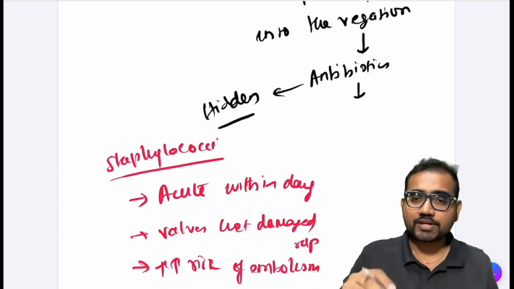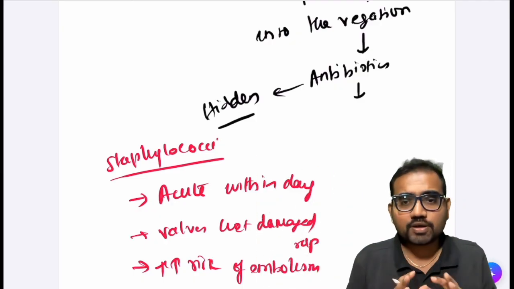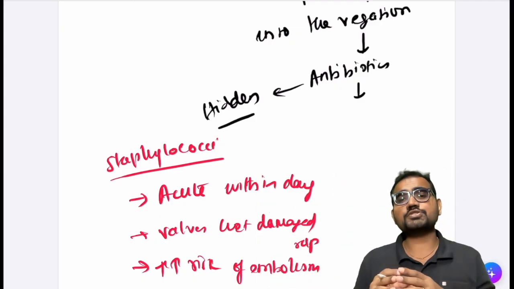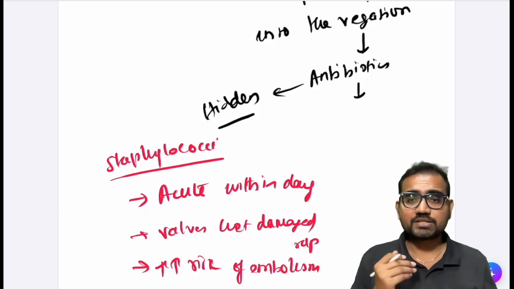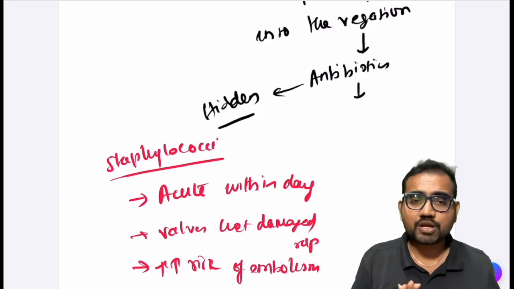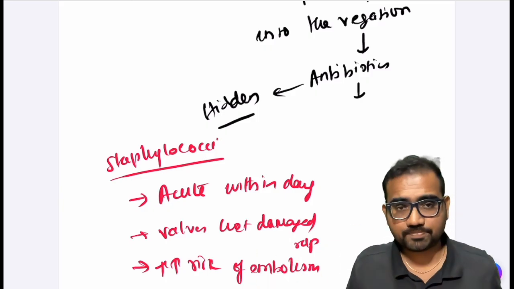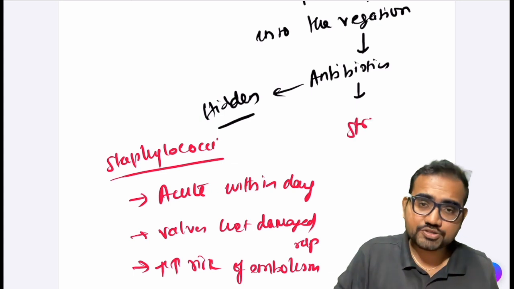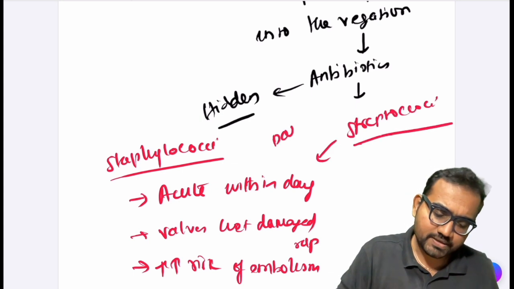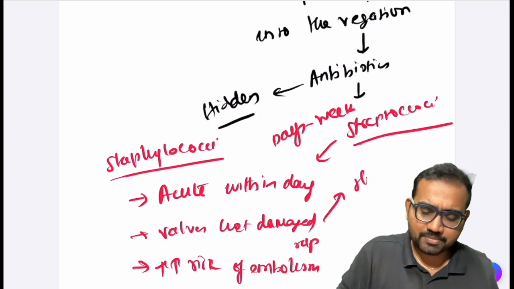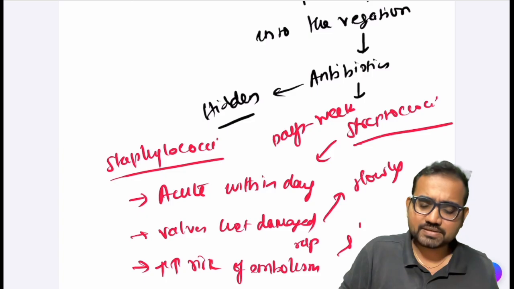So in cases of acute infective endocarditis, Staphylococcus is predominantly involved. The disease progresses within the day, and the patient is going to get symptoms within the day. Valves get damaged rapidly, and there is increased risk of embolism. Whereas if you look at streptococci, exactly opposite to this: days to weeks, the valves get damaged slowly, and there is less risk of embolism.